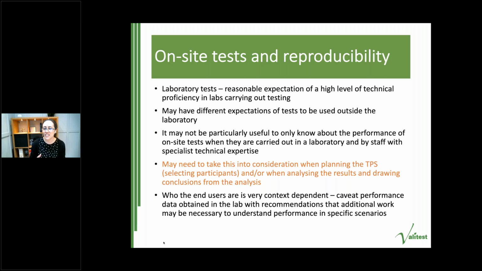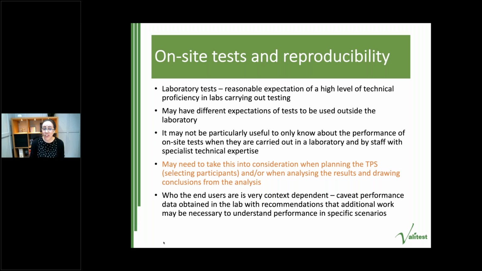But if we're talking about tests which ultimately might be used outside the lab, then we might have different expectations of the test. And just knowing that a test which will ultimately be an on-site test performs a certain way when carried out in the laboratory might not be the most useful information to have, or might not be the only useful information that we can have.